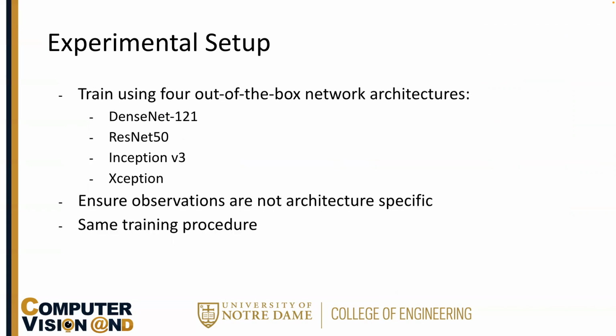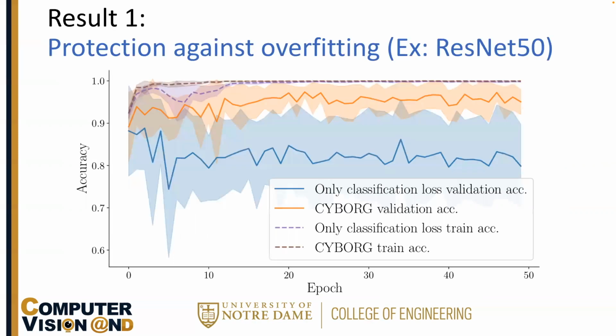We also train these approaches on 4 out-of-the-box network architectures: DenseNet, ResNet, Inception, and Xception. The idea here is to make sure that any observations we see are not architecture specific, and that this loss function can be applied to any network. For each of these, it's the exact same training procedure.